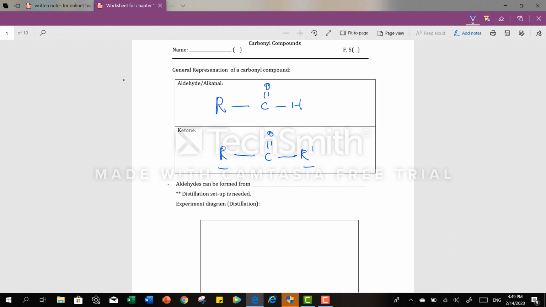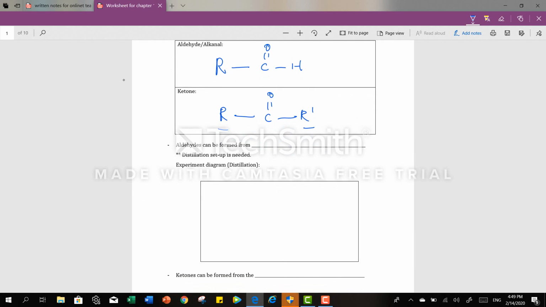Okay, aldehyde can be formed from oxidation, that's what we learned yesterday, of primary alcohol. Remember to use distillation if you want to isolate the aldehyde, because if you don't, it will go all the way to carboxylic acid.